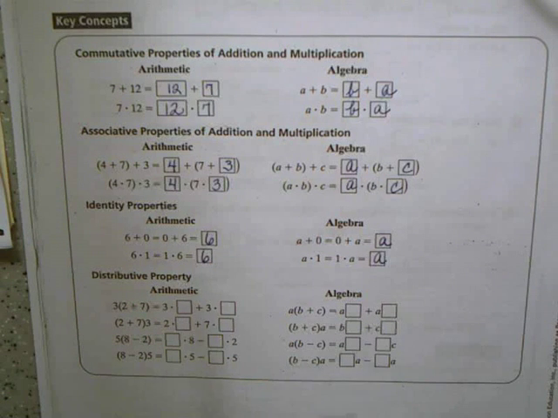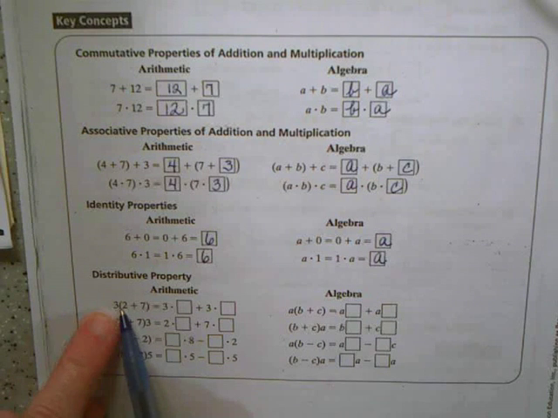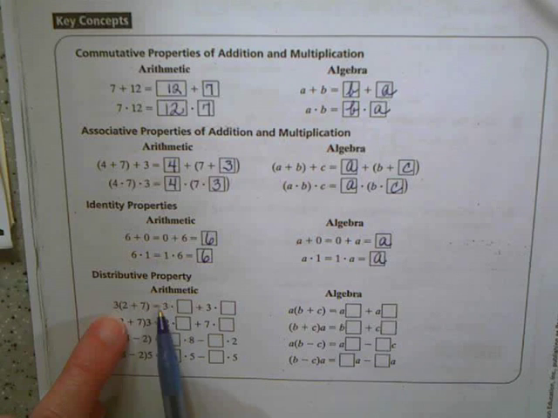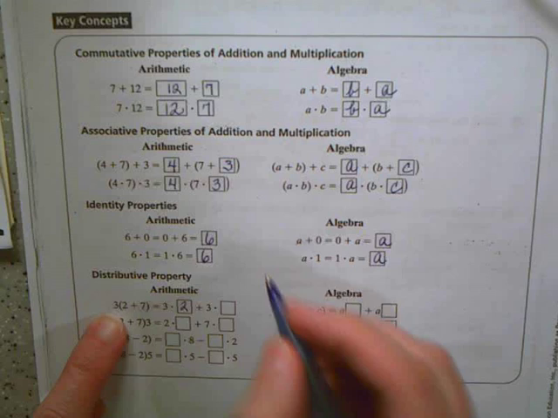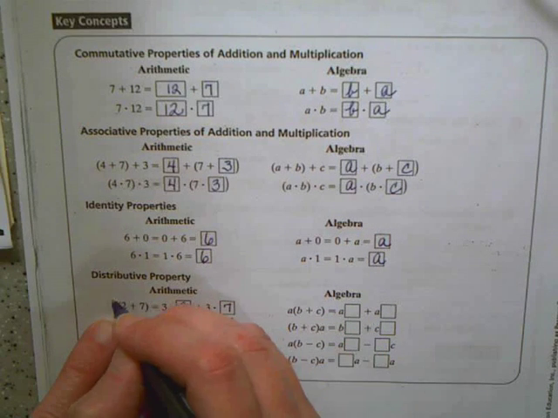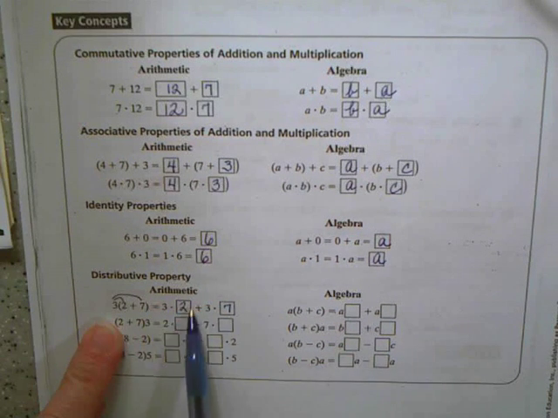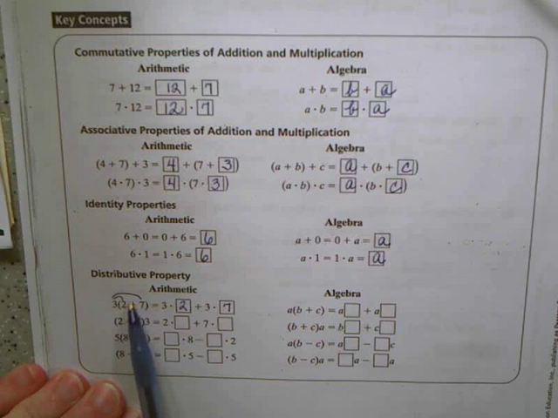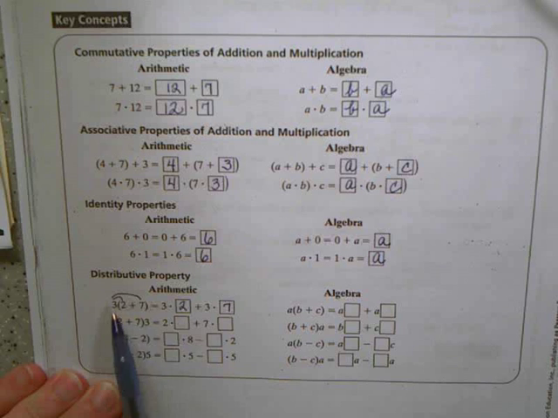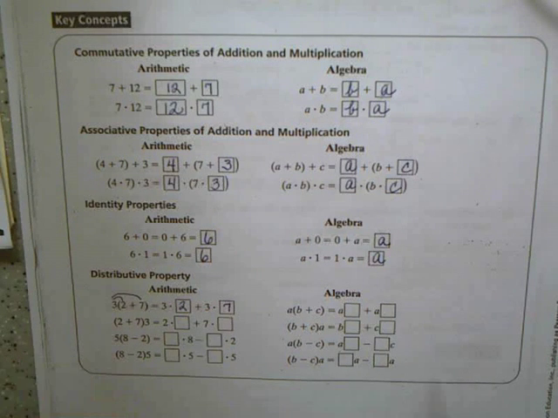Okay, so for example, this means that 3 times the quantity 2 plus 7 is equal to 3 times 2 plus 3 times 7. I was taught to draw little rainbows to connect them to show what had to go together. Sometimes people find that helpful, but remember also the operational sign in here is what happens between the products. So you're going to have the product of 3 and 2 plus the product of 3 and 7.